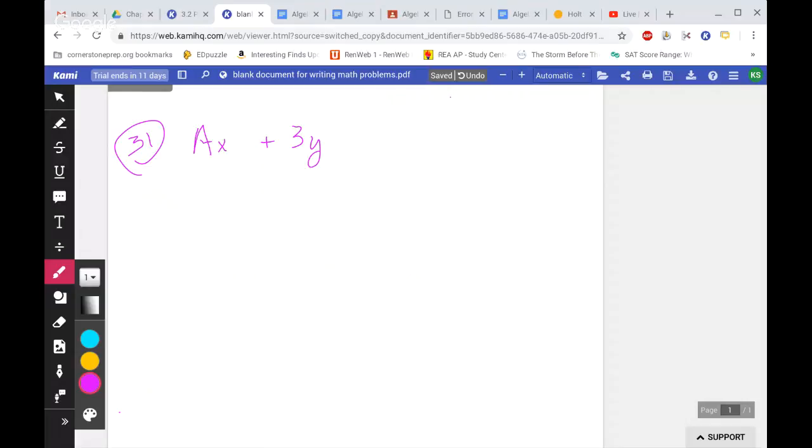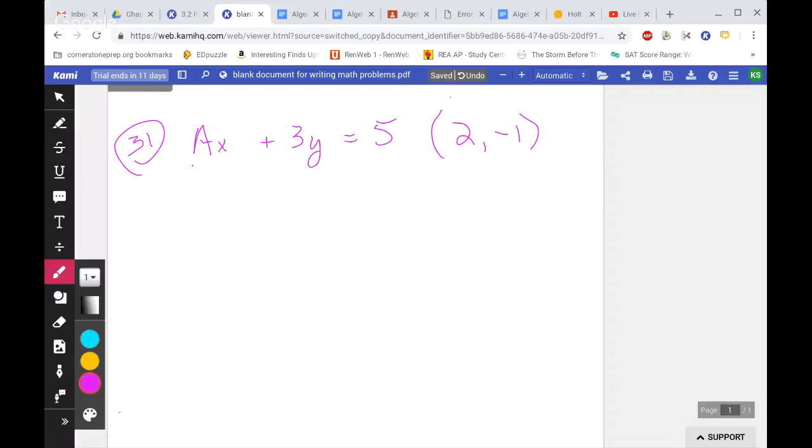Ax plus 3y equals 5, and (2, -1) is the point. What we're asked to do is find the missing coefficient in the equation of the line that passes through the given point and write the completed equation.